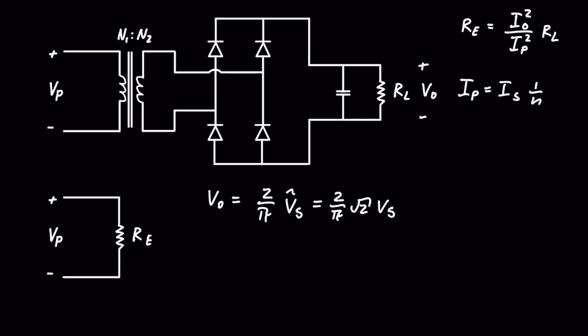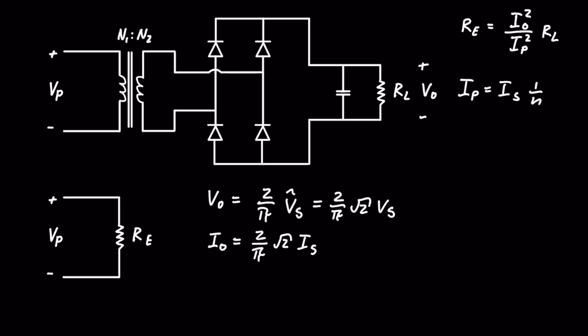Because the load is resistive, we just assume that the capacitor is so high that we can neglect it. We know that the current IO should be about the same, we just replace Vs with Is. IO is equal to 2 over pi multiplied by square root of 2 and multiplied by Is, which is the RMS value.